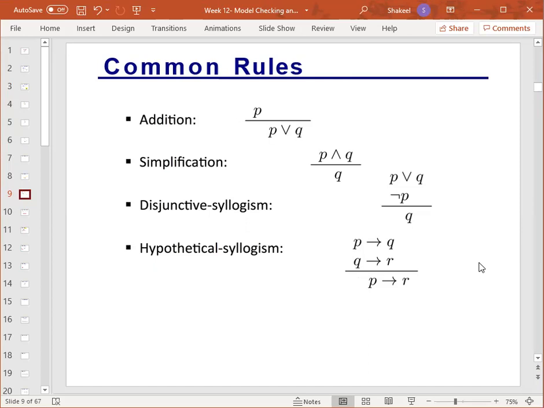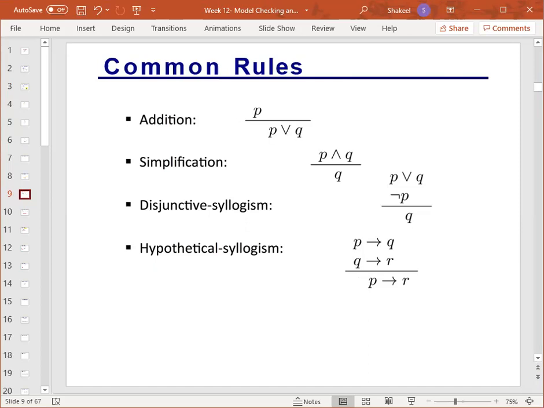We talk about disjunctive syllogism. This is P or Q and not P. If P or Q is true and we have not P is true, meaning that P is false, then the truth value of this expression would be simply Q. If P or Q is true, then one of them must be true.